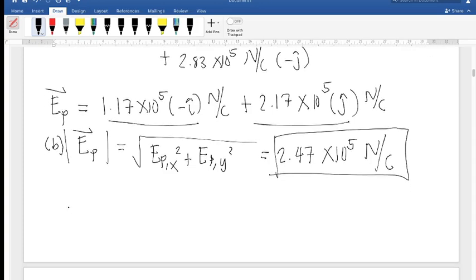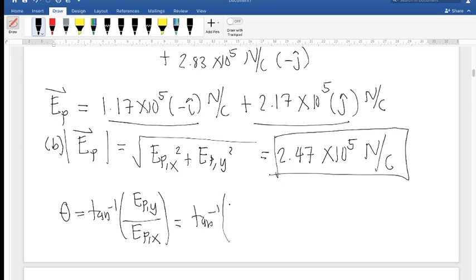So how about your direction? You just have to calculate the theta. So we have here EPY over EPX. That is your EPY, we have 2.17, so inverse tangent of 2.17, and your EPX is negative, so negative 1.17, times 10 raised to 5 over 10 raised to 5.